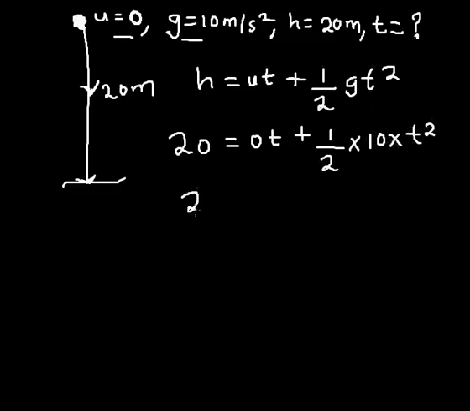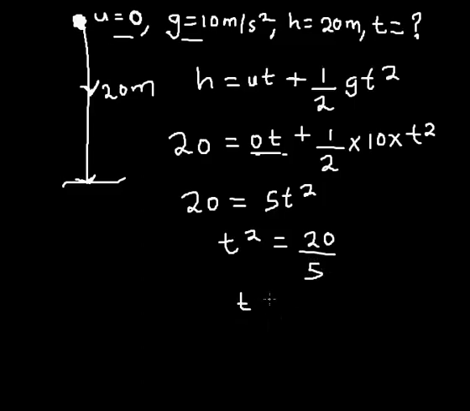So 20 equals 0 times t, which is 0. Half of 10 is 5. I'm having 5t square. So t square is going to be equal to 20 divided by 5. 20 divided by 5 is actually 4.